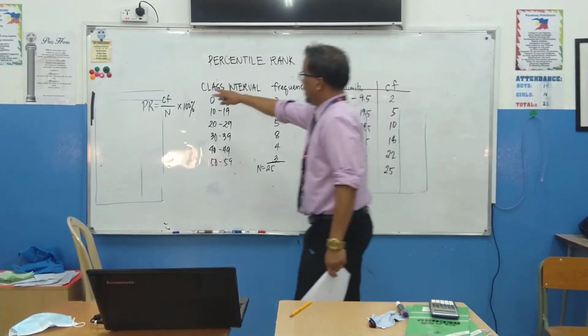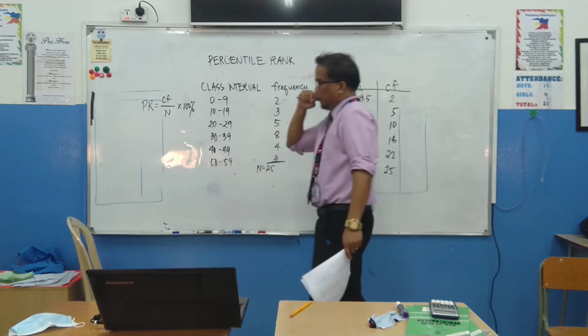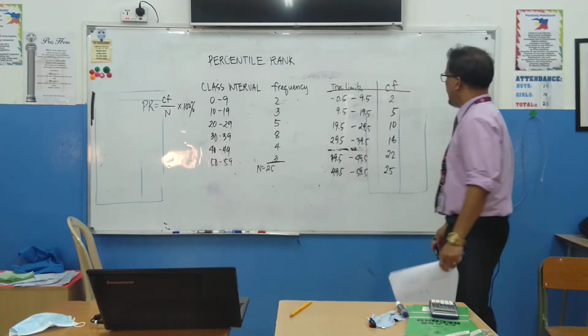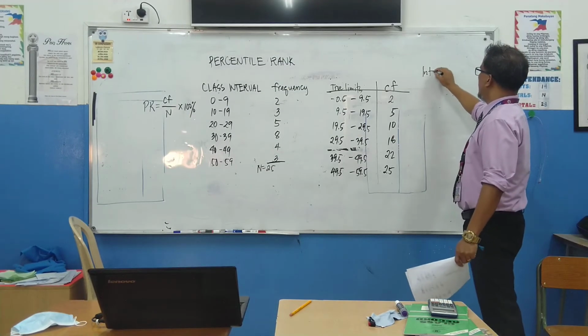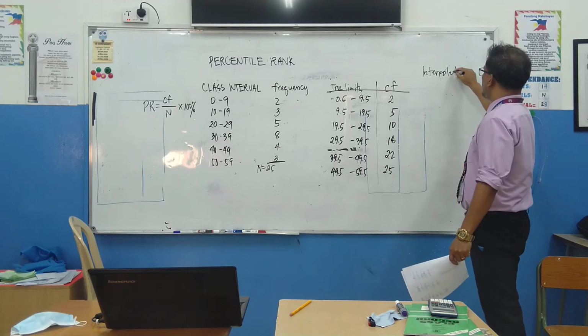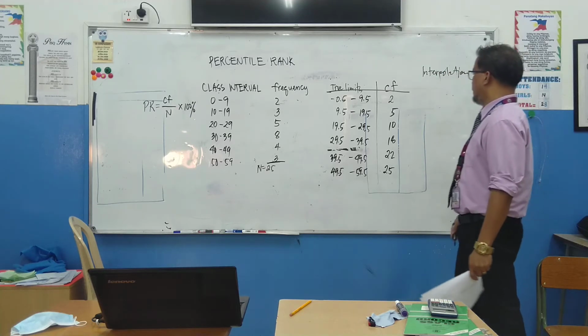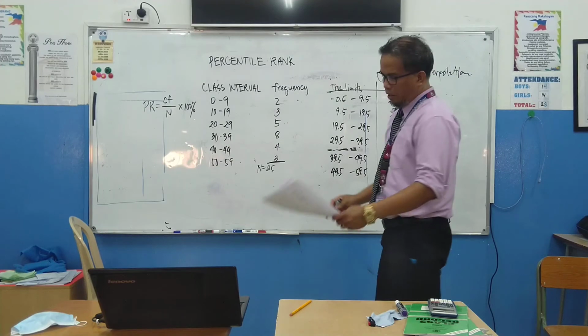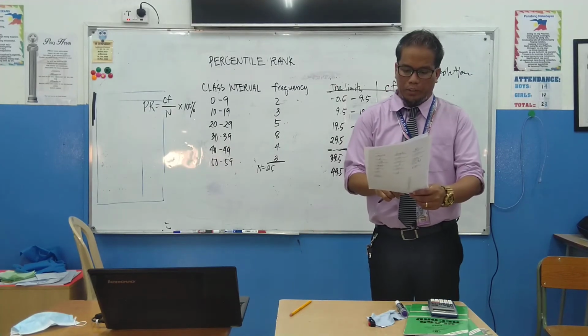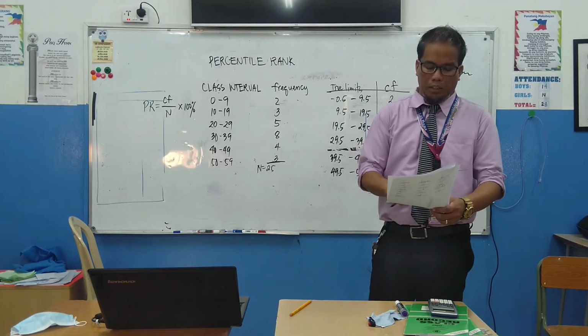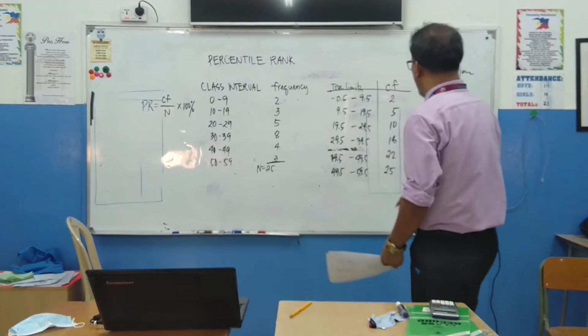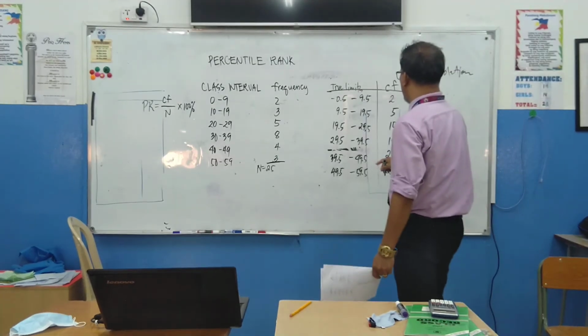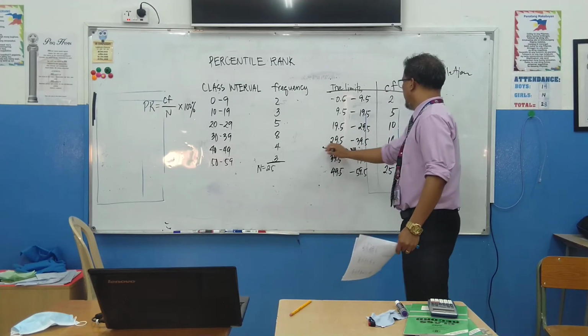Here is the formula, applying interpolation. We are looking for the percentile rank of a student with a score of 35. From here, 35 is somewhere here.